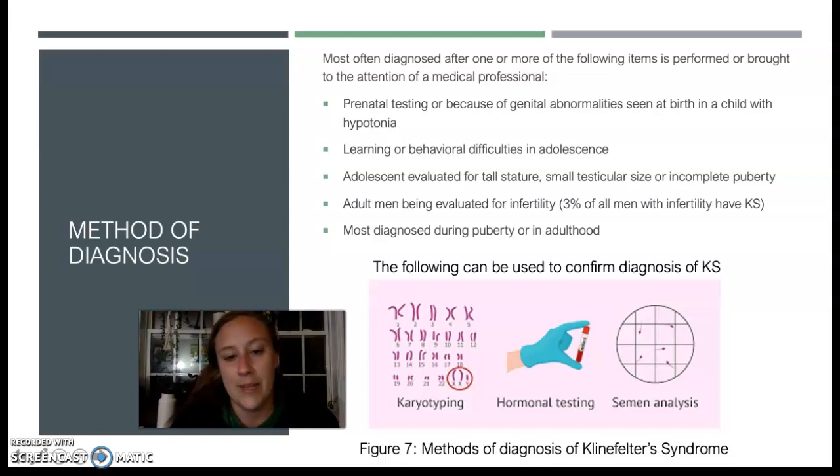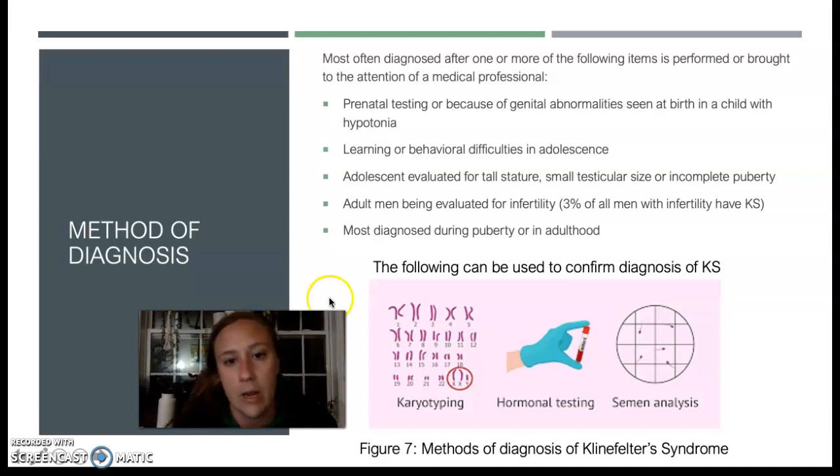So this will be due to the fact that there are possible genetic abnormalities or a higher risk with one, or a child has presented with hypotonia or some other learning or behavioral difficulties. So they'll kind of come to their doctors and say, hey, something's going on, and that's how they'll kind of get that test going.